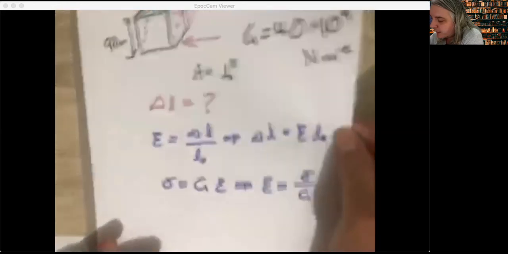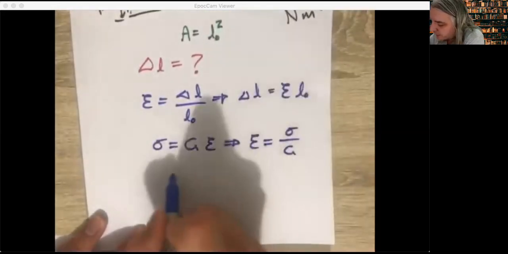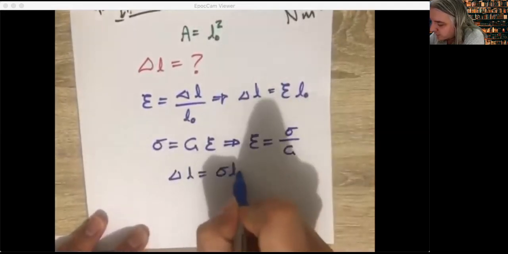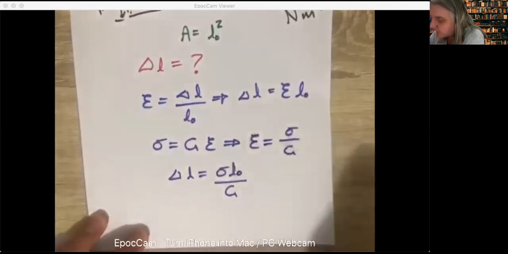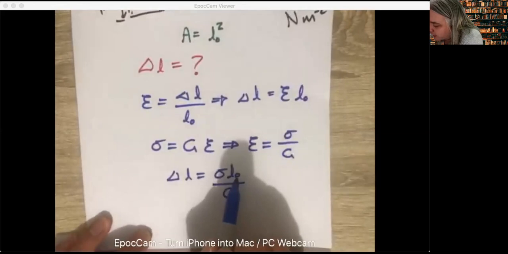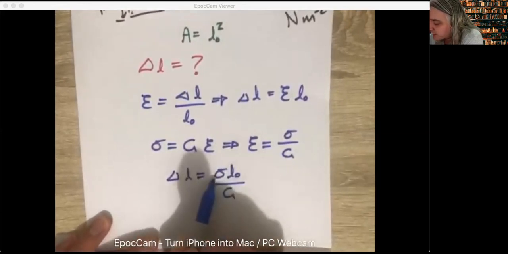And now we can put that into this equation here. So put this into here, we get delta L is equal to the stress times the original length over the shear modulus. So now we're getting pretty close because we know G, we know L naught. We just need to figure out what our stress is.